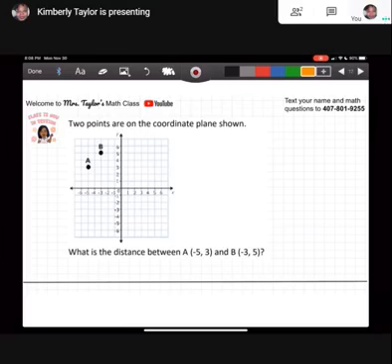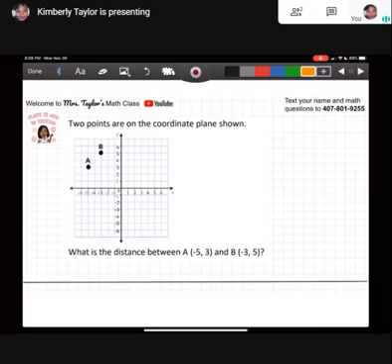You can use the Pythagorean theorem here. You can also use the distance formula. But I think in 8th grade, I don't think they teach them the distance formula. I think they don't learn the distance formula until they actually get to geometry. But in 8th grade, what you can do is teach the students how to make a right triangle given 2 points.